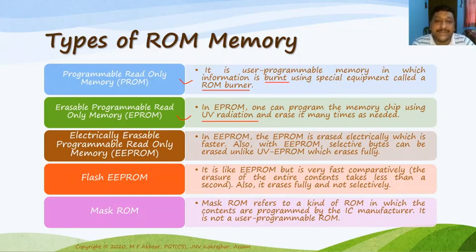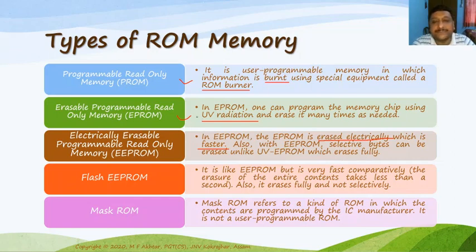Now the EEPROM is erased electrically, which is faster. Next type of memory, EEPROM, is faster because it can be erased electronically. By just giving some instruction, we can erase data. Also, in EEPROM selective bytes can be erased, unlike EPROM, which erases fully.